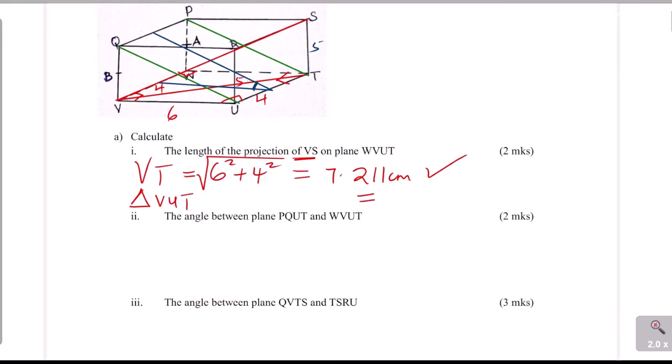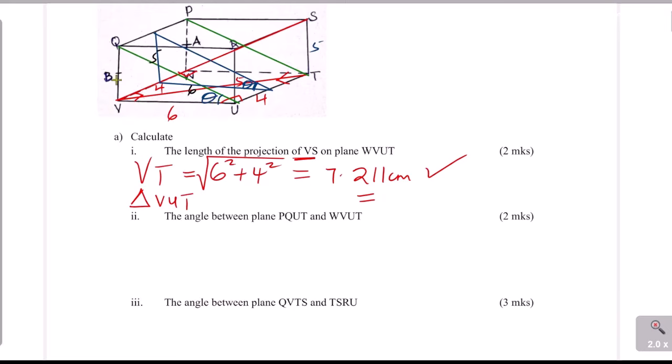A triangle will be formed here. That triangle is not so much different from what we have here, because this side is 6 and this one will be 5.